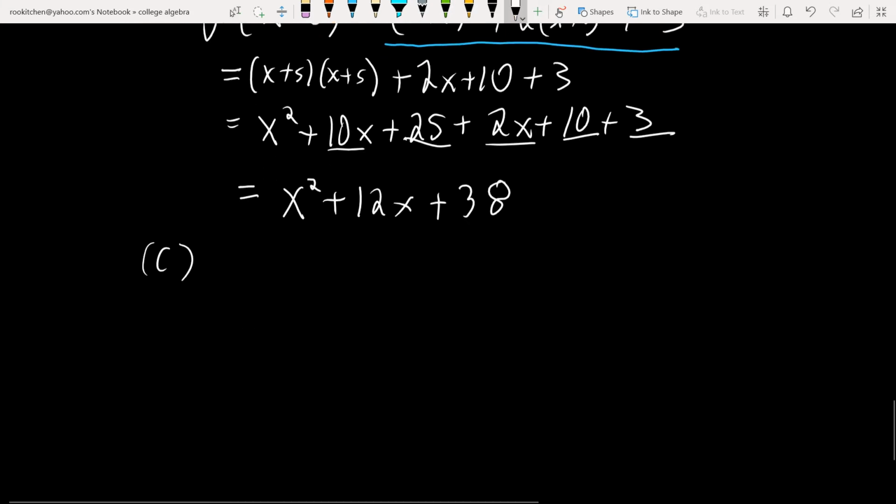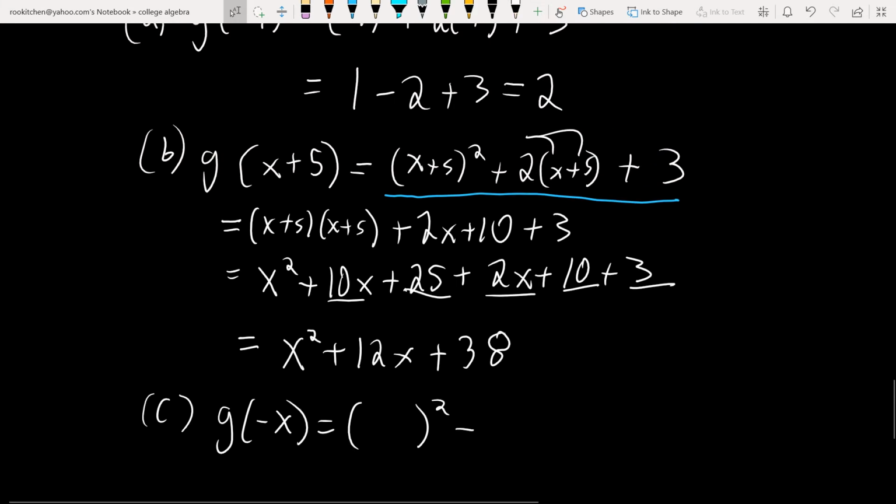Let's look at one more. We want to plug in negative x wherever we see x. Again, you could set it up with parentheses wherever x was, and then fill in the blanks with negative x.